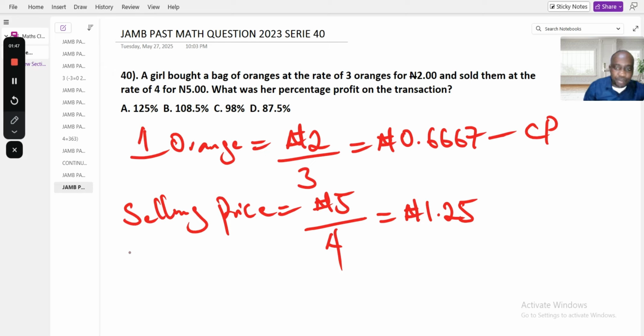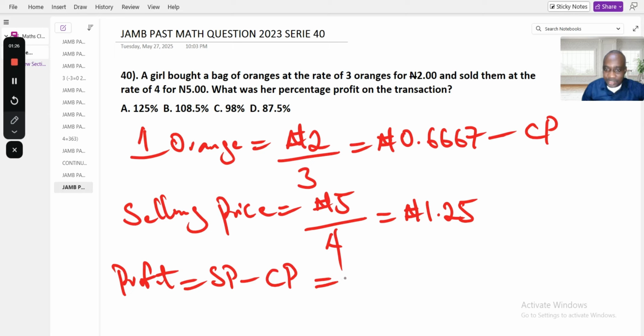How do we get the profit that she made here? The cost price is 0.6667. Now the selling price is 1 naira 25 kobo. To get the profit, she made profit: selling price minus cost price. What is our selling price? 1.25 minus what is the cost price? 0.6667.